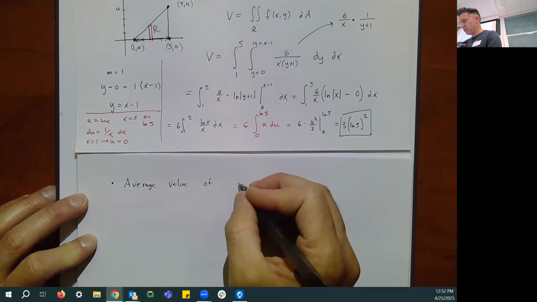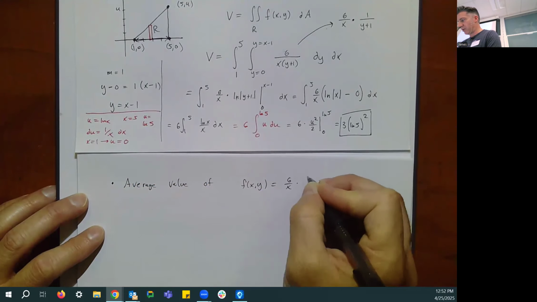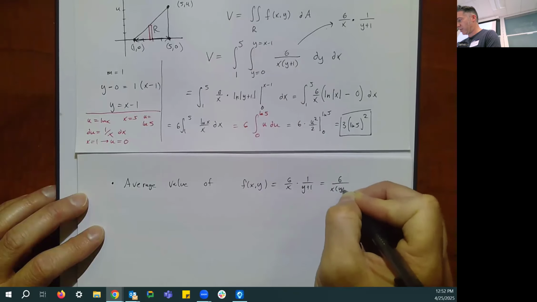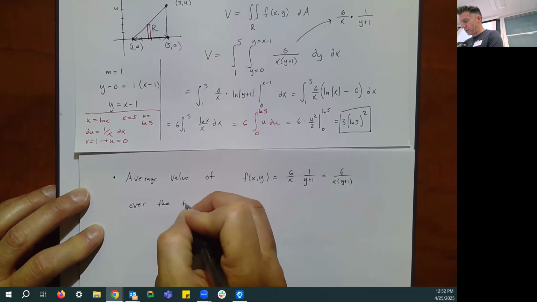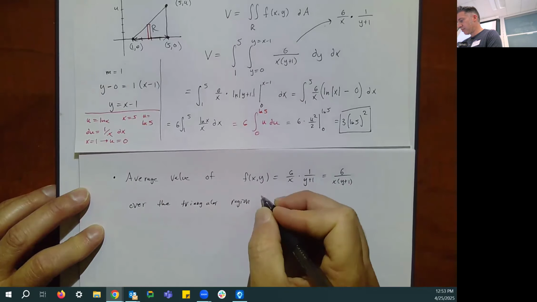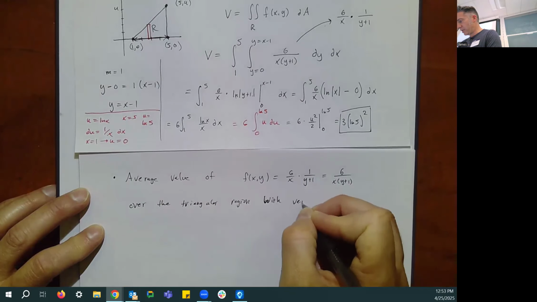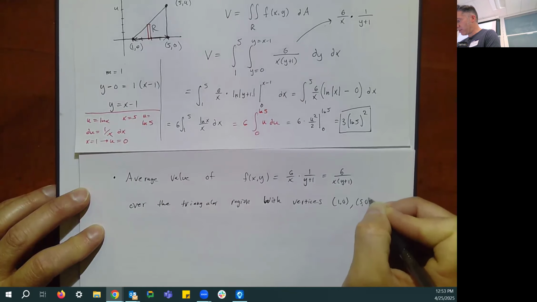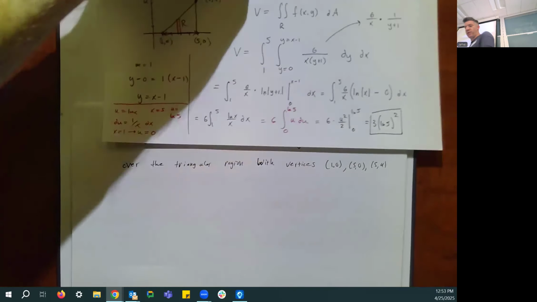of this function, f of x, y equal to 6 over x times 1 over y plus 1, or 6 over x times y plus 1 as I originally wrote it, over the triangular region that we described, with vertices 1, 0, 5, 0, and 5, 4, is really easy to calculate once you've done the double integral.